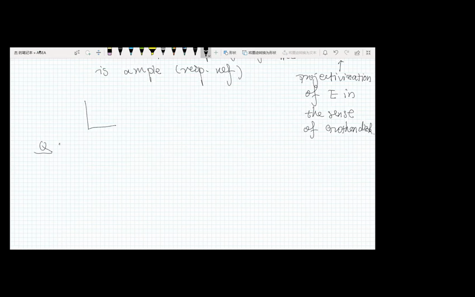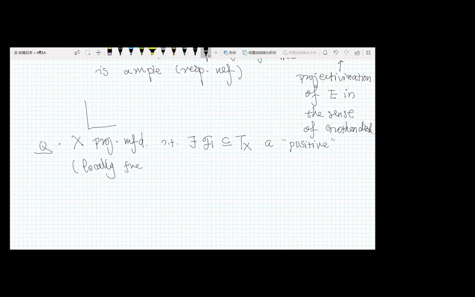If X is a projective manifold, and you can find some positive, maybe locally free, subsheaf F in the tangent bundle of X, then what can we say about the geometry of X?